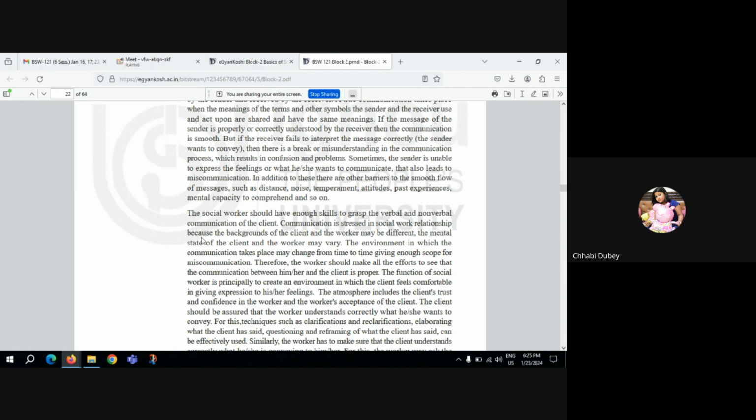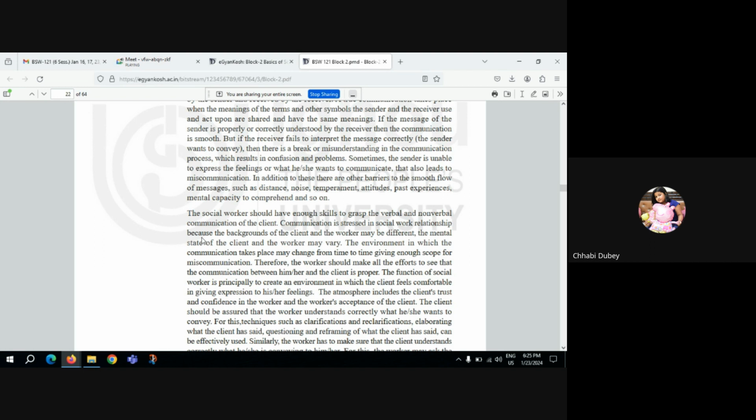Understand that people may have different hesitations when communicating with us, based upon their past experiences, their attitudes and temperament. So we need to have the mental capacity to comprehend these differences, and also enough skills to grasp the verbal as well as the non-verbal communication of the client.